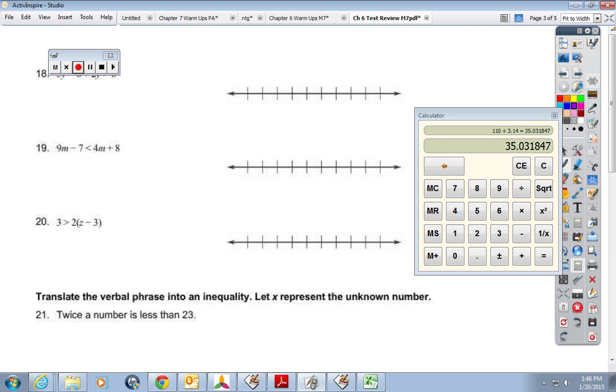Number 18, when we're combining the like terms, 5y and 2y, which is 7y. And then we'll go ahead and write minus 8 is greater than 6. From here, this is just like number 17.